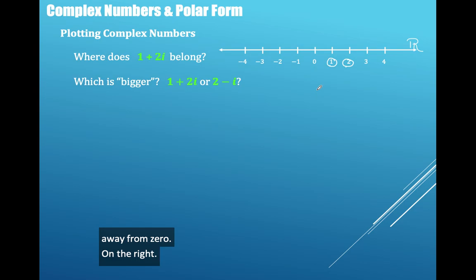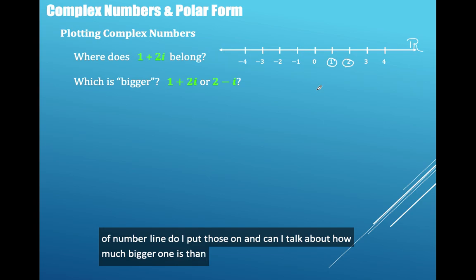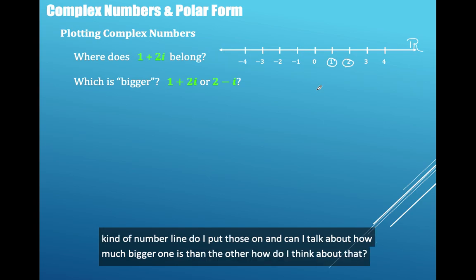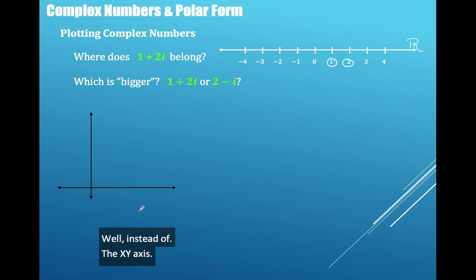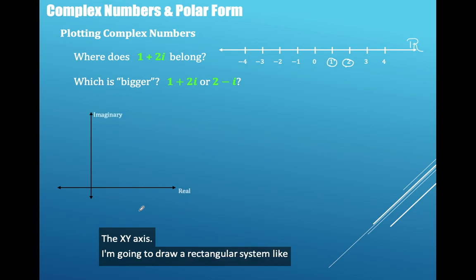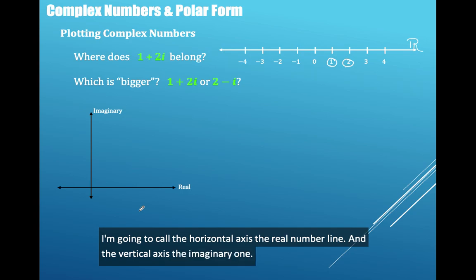But how do I think about plotting complex numbers? What kind of number line do I put those on? And can I talk about how much bigger one is than the other? How do I think about that? Well, instead of the XY axis, I'm going to draw a rectangular system like this. I'm going to call the horizontal axis the real number line and the vertical axis the imaginary one. Kind of weird, right?